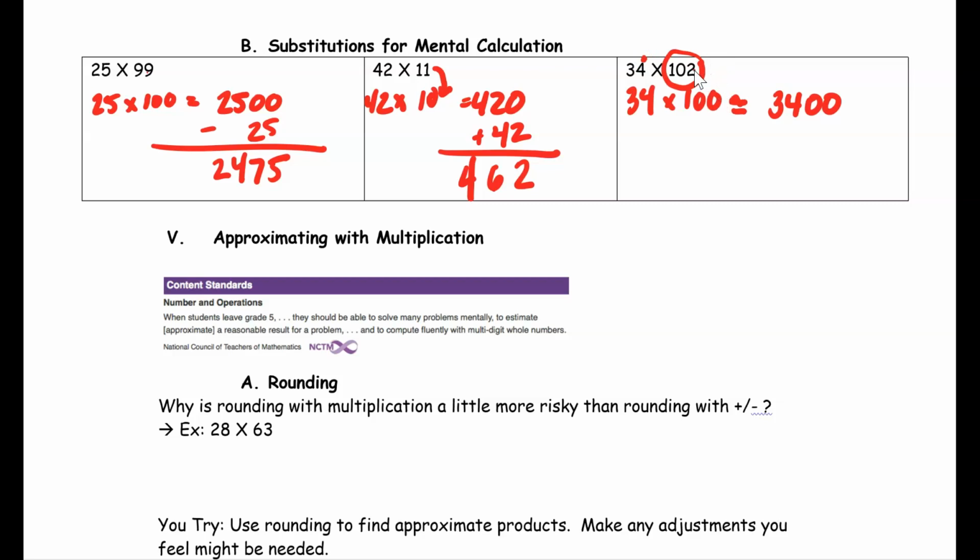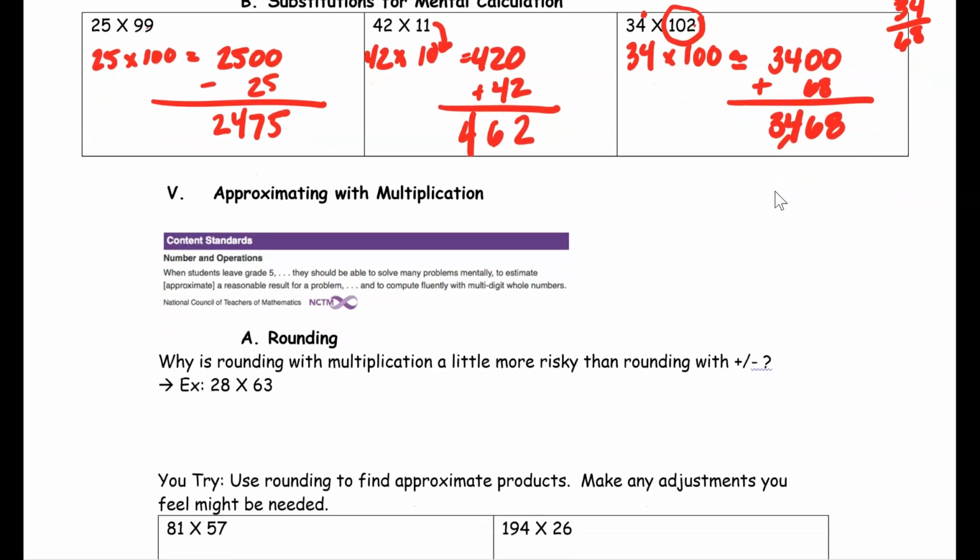So I'm short 2. I only did 100 groups of 34, so I need 2 more 34s. At this point, you could add 34 separately twice, or in your head you could say, well, 34 and 34 is 68, and then just add 68 there. So you get 3,468. So it's not that bad in terms of adding.